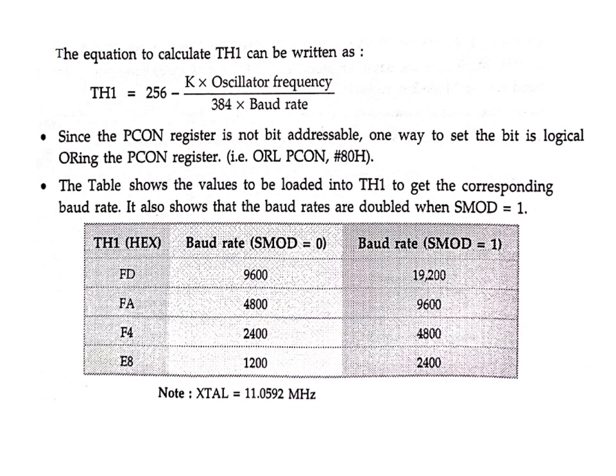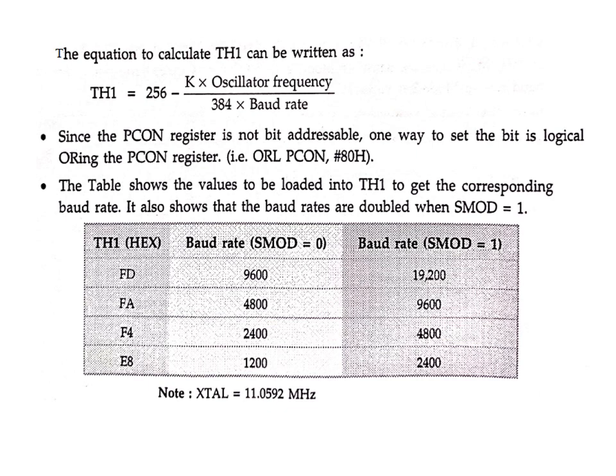The table shown here shows the values to be loaded into the TH1 register, that is the timer 1 register, to get the corresponding baud rate. It also shows that the baud rates are doubled when SMOD is equal to 1. If you observe the table, column number 1 is the TH1 value we need to load in hexa.